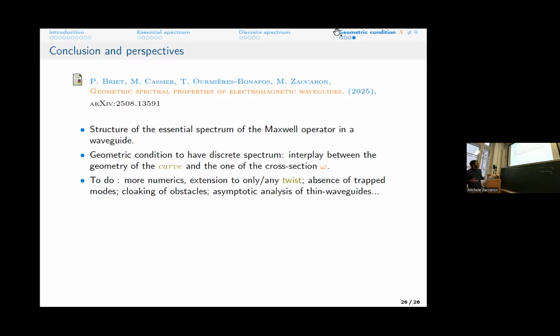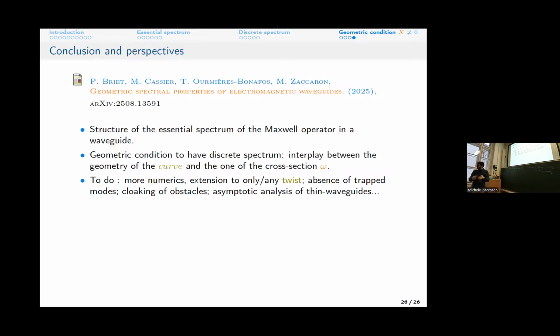So these are these kinds of questions, and actually what we're trying to do with the people in Marseille is some asymptotic analysis of thin waveguides. So when we scale our cross section by a parameter alpha, and then you make it go to zero, you have your waveguide that shrinks, geometrically reduced to the underlying generating curve.